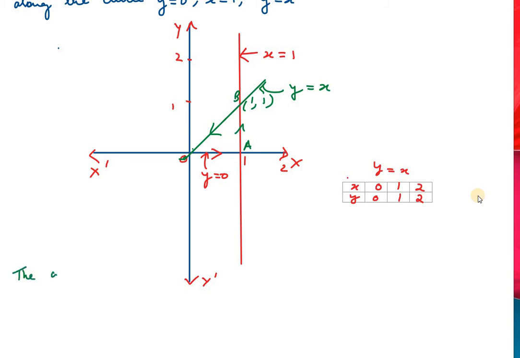The given curve C is this one, represented by y is equal to 0, x is equal to 1, and y is equal to x. So now let us calculate.